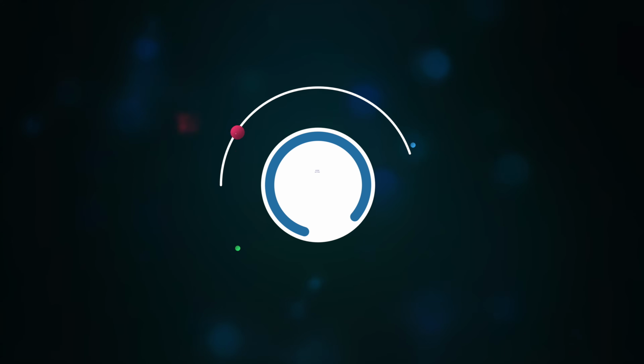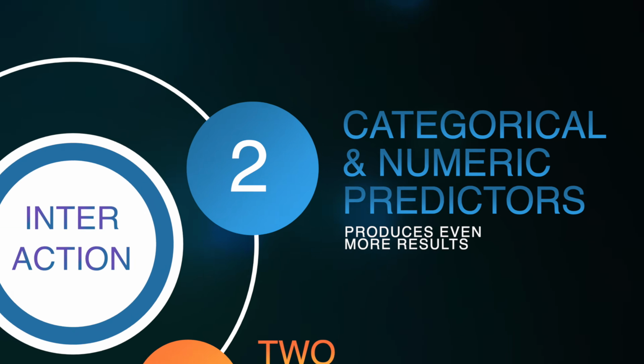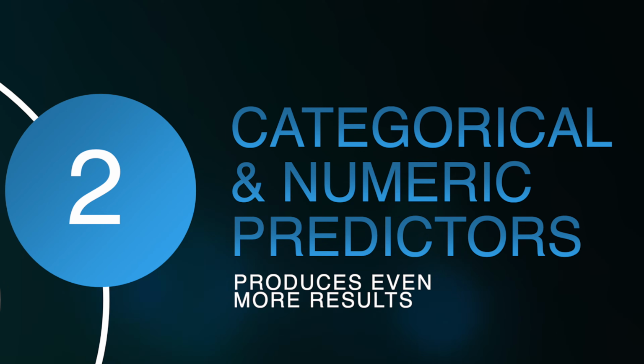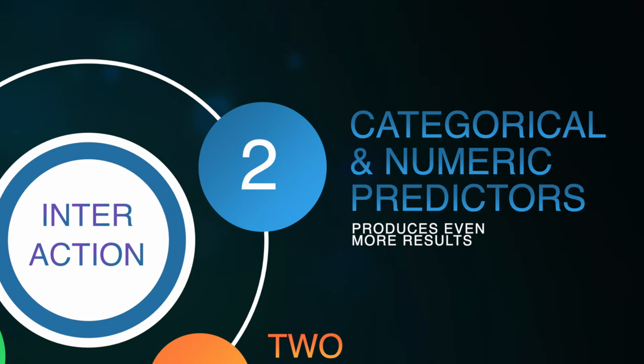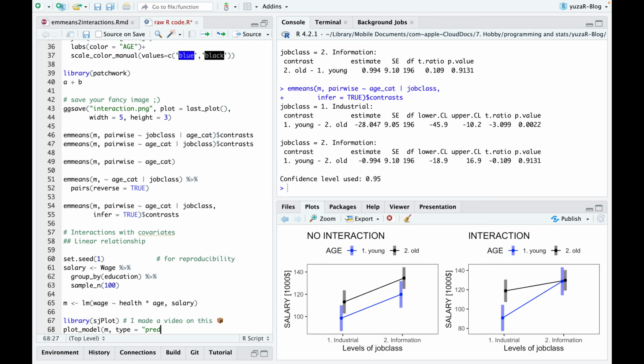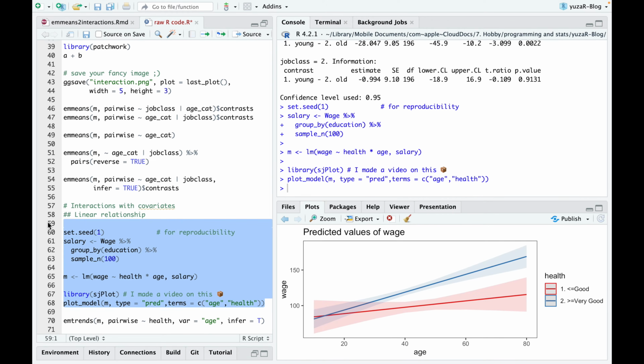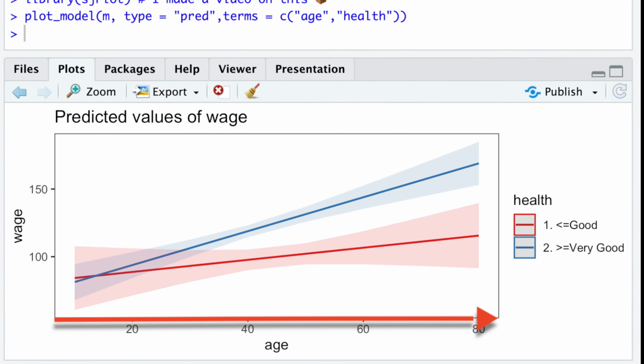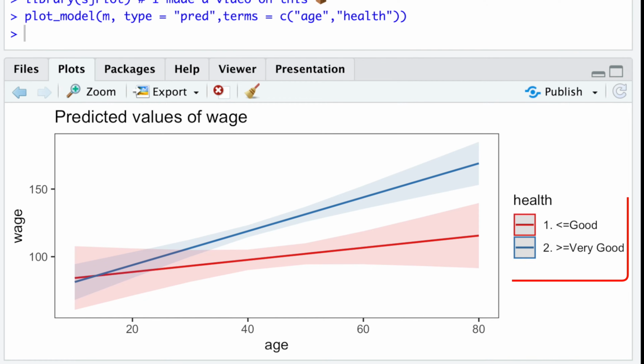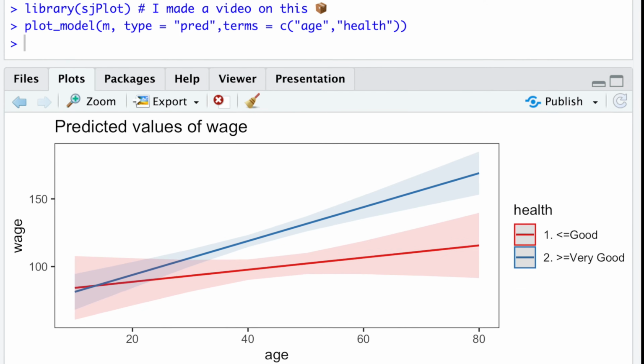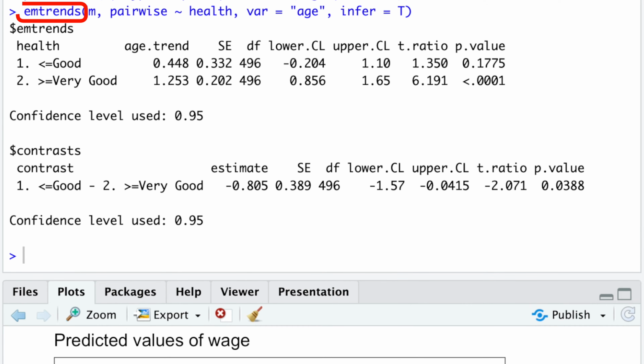The interaction between a categorical predictor and a numeric predictor, or covariate, is even more intriguing, as it produces even more results. Specifically, we can estimate and compare the slopes for salary changes over a lifetime for individuals with varying levels of health using the emtrends function.